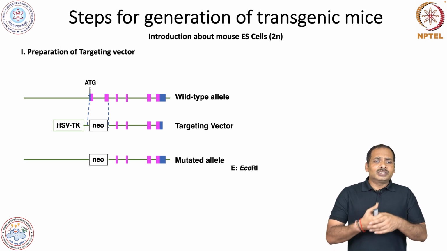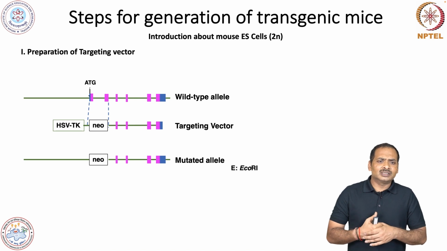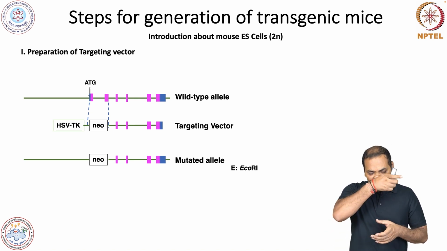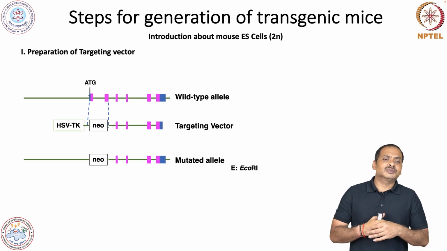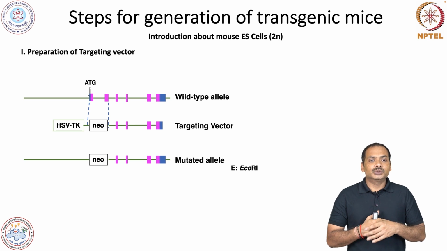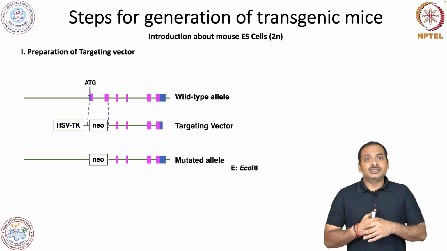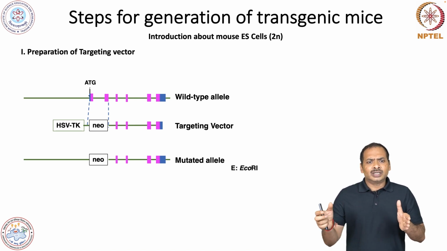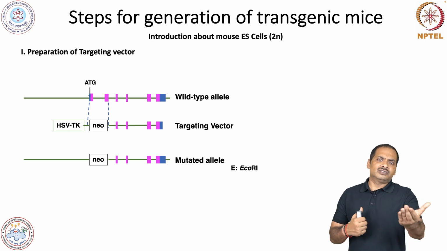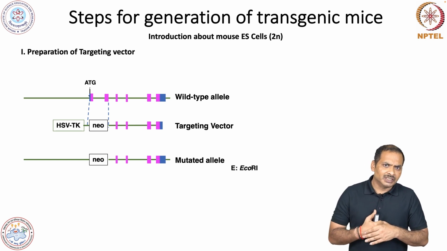Just below that there is a targeting vector, and here I am showing that this targeting vector has two major components, HSV-TK and NEO. So, this is a kind of plasmid. Below this NEO there is a quite big piece of DNA which is derived from the genomic DNA.